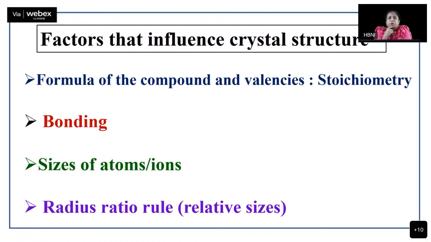If you remember when I told you about the rock salt and the zinc blende kind of structure, where rock salt has 6 is to 6 coordination number and zinc blende has 4 is to 4 coordination number, I told you that more ionic compounds tend to adopt the rock salt structure, even though both are 1 is to 1, right?